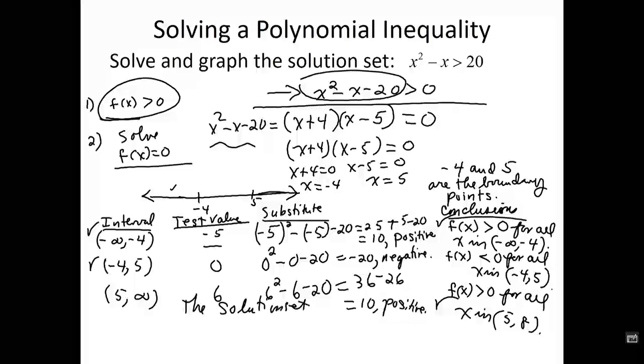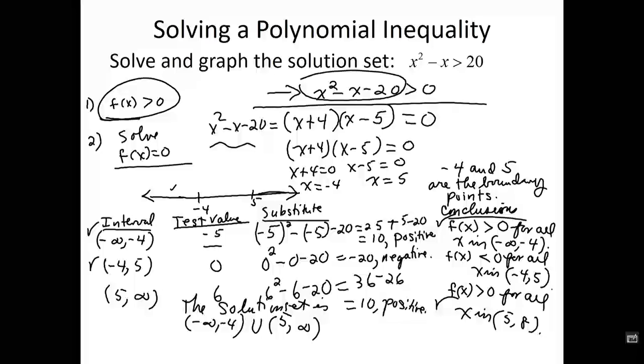So the solution set consists of, let's write it as minus infinity to negative 4, union the interval greater than 5. The set of all real numbers greater than 5.